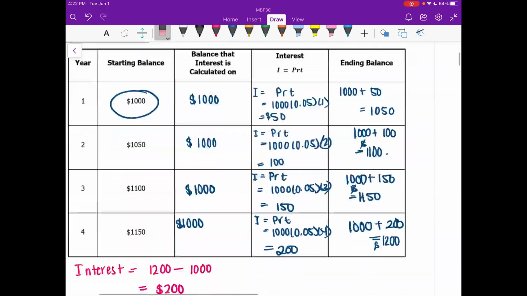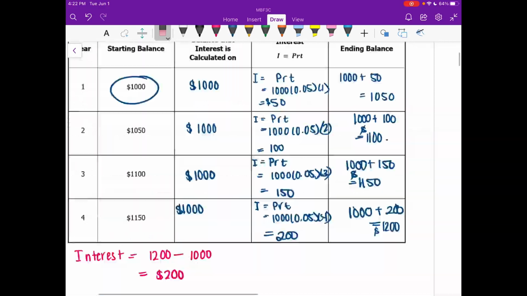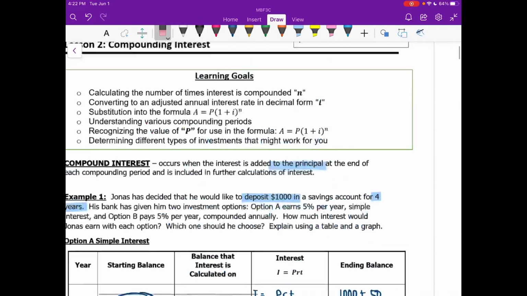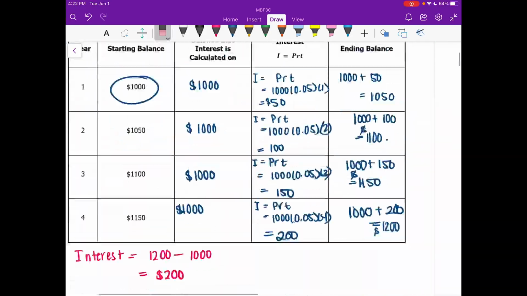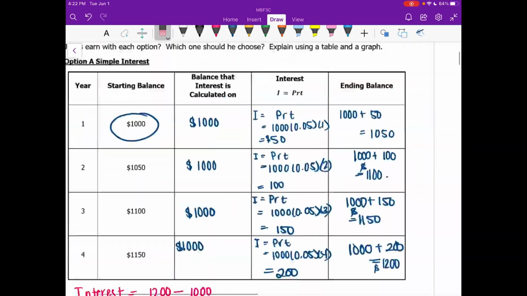So now I can put the different numbers into the original equation. A is equal to 1,500, which is our P value, (1 + 0.01)^36.